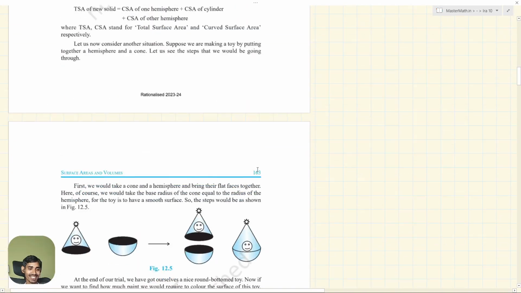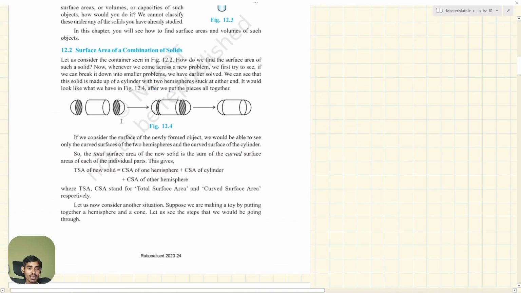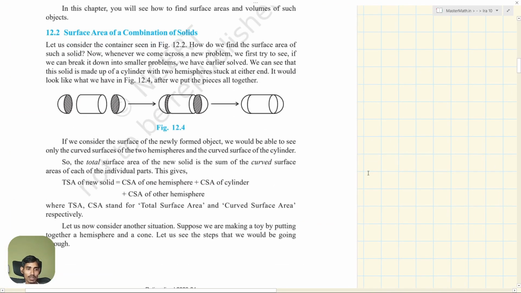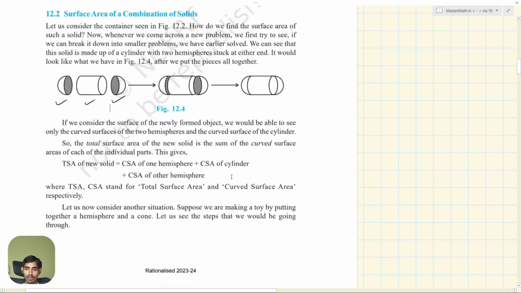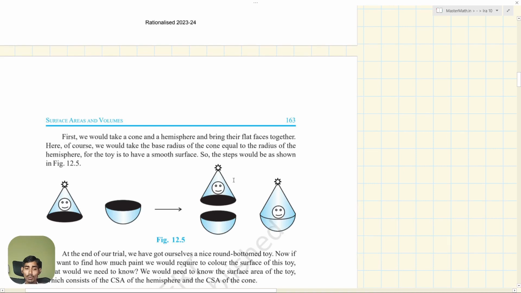Now there are a lot of combinations we can have. So suppose this hemisphere is there, then a cylinder is there, then a hemisphere. All these different types of combinations we can have, and we have to figure out the situation. So here we have this cap, and this toy is there, and then this is another toy.